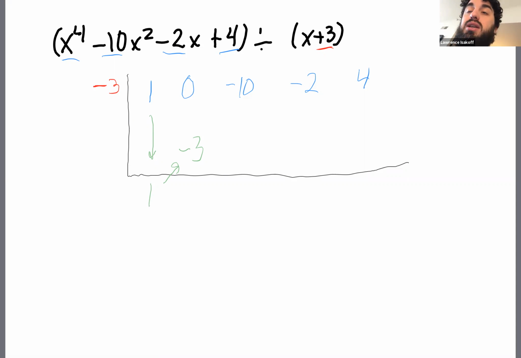Okay, I'm not seeing any in the chat. Nobody is unmuting themselves. So we add 0 plus -3, -3. Now, you can do this without drawing arrows. I like drawing the arrow.